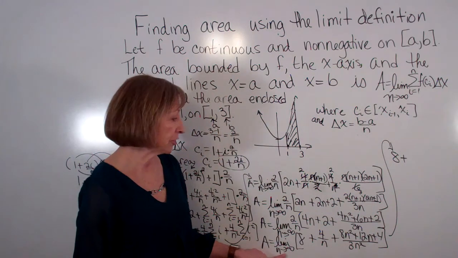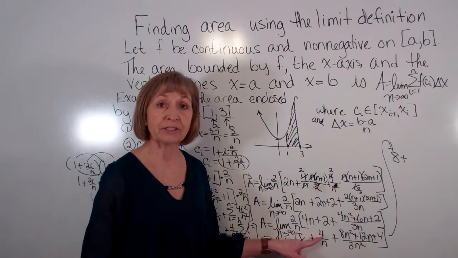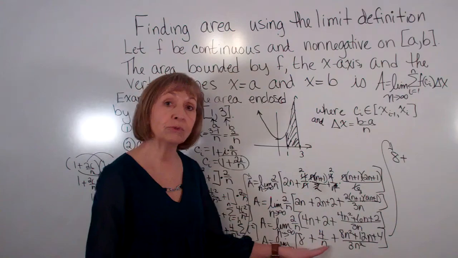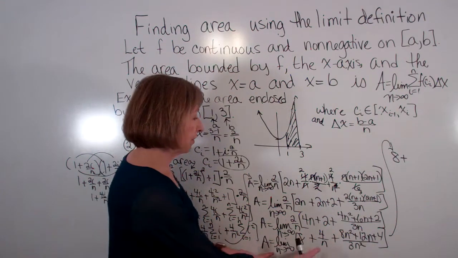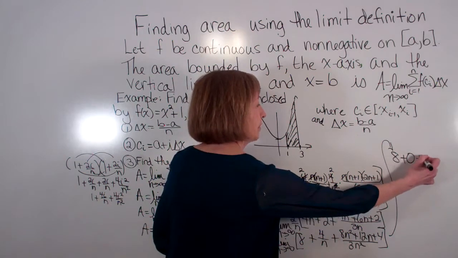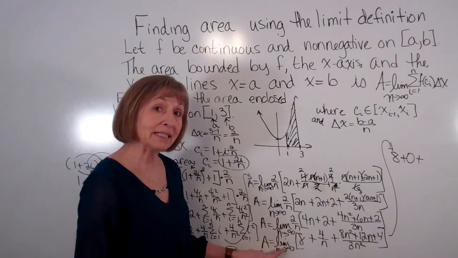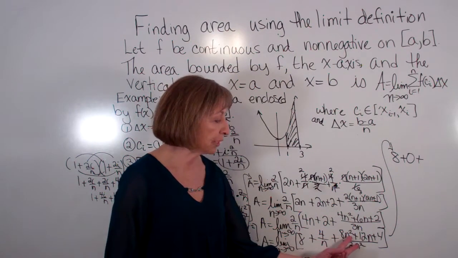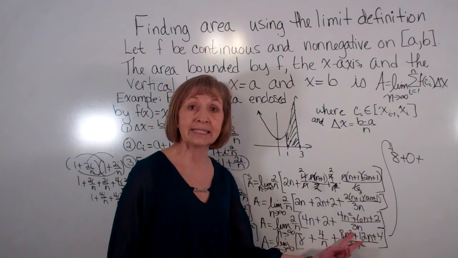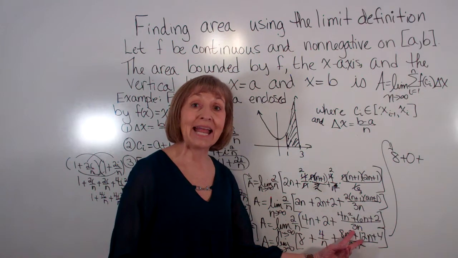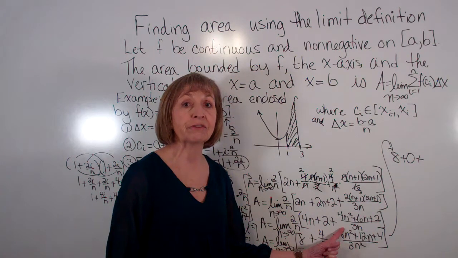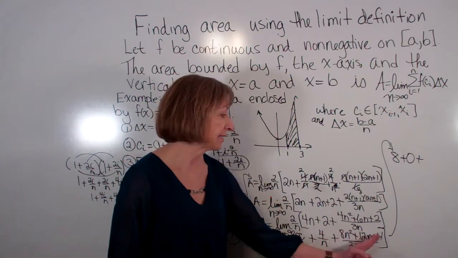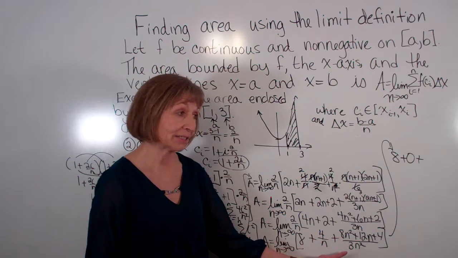The limit as n approaches infinity of a constant numerator divided by a denominator going off to infinity, that fraction value goes to 0. So my next term goes to 0 plus, and the limit as n approaches infinity of a polynomial divided by a polynomial, when the degrees of the numerator and denominator match, ends up being the lead coefficient of your numerator divided by the lead coefficient of your denominator. So this is going to end up being a limit of 8/3.